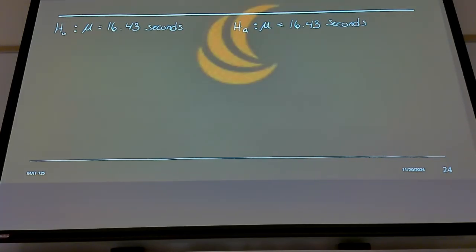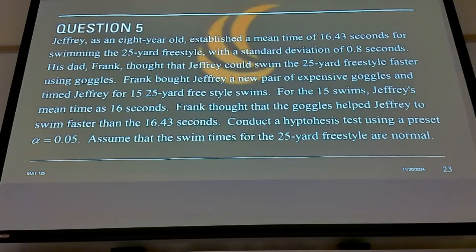Once it's left, what was the second step? The second step was to state the alternative hypothesis, which we just did. The third step was to state the significance level. It's 0.05.